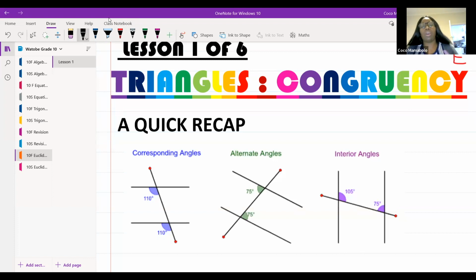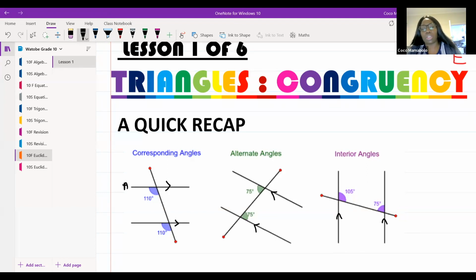Okay. When we use corresponding, alternate and interior angles, we need to make sure that our transversal line, this line over here, goes through parallel lines. So whatever lines we're looking at to make this comparison, these two lines need to be parallel to each other. Otherwise, we cannot make this comparison.